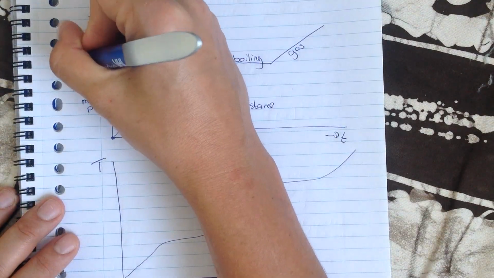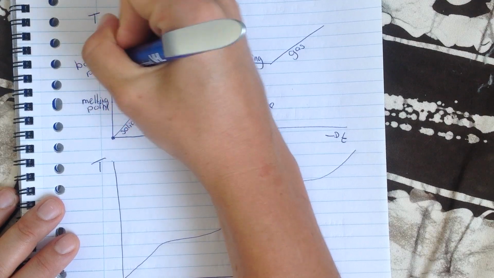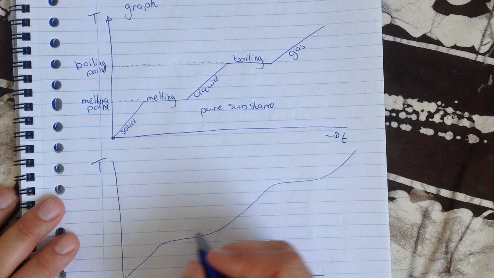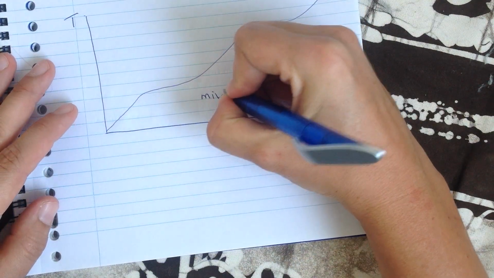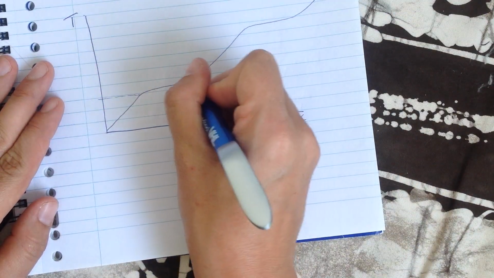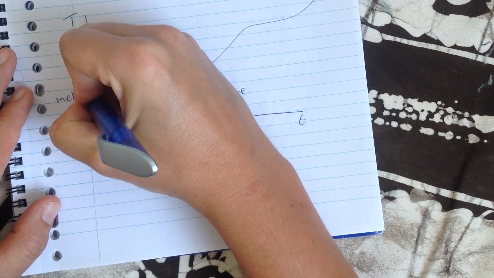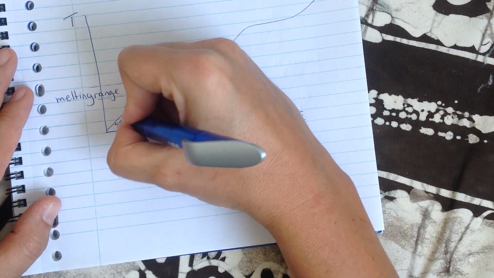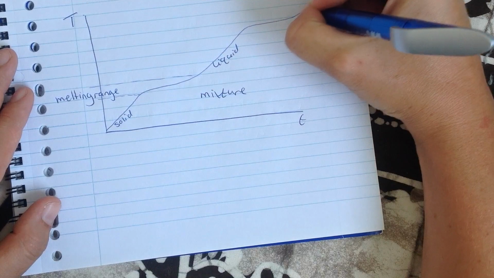There's also a boiling point. This. Then, in a mixture, there's a melting range from here to here. This is solid. This is liquid. This is gas.